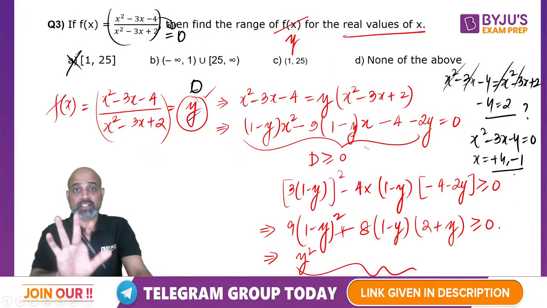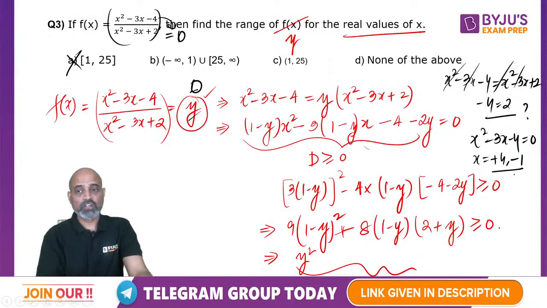So x is real, no? Real has come. So can it be equal to 0? Yes, it can be equal to 0. In option C, you can't have 0. 0 is not allowed. The only values that are allowed are between 1 and 25. So the only thing that you are left with is option B, right?